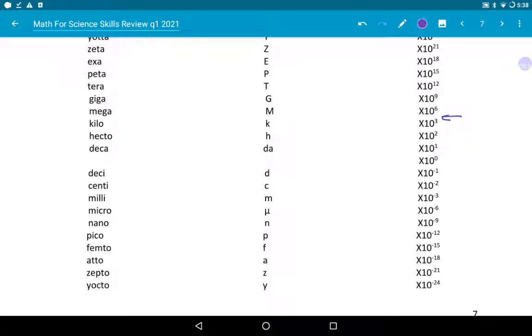So we want to decide what we actually want to write it in. Do we want to write it in mega or kilo moles? For example, maybe your textbook says provide the answer in megamoles, and then you'd want to go to 10 to the 6. Or maybe it says provide the answer in kilomoles, and you go to 10 to the 3. So let's put our answer in kilomoles.